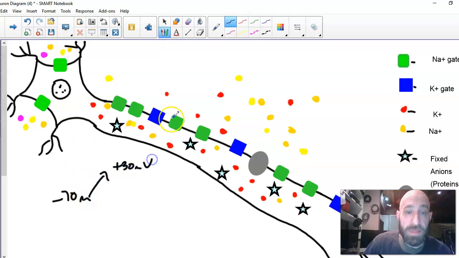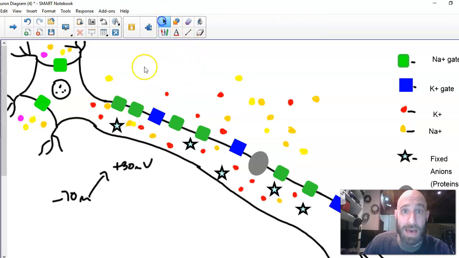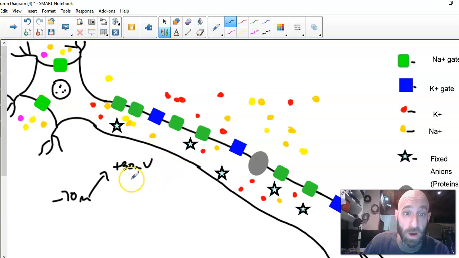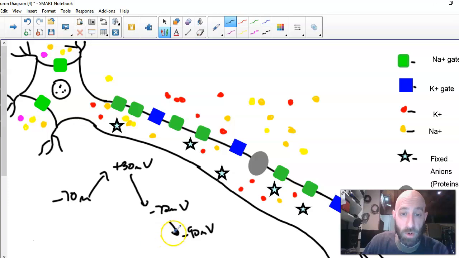Then those sodium ions stop coming in because of the inactivation gates. The next thing that happens is the potassium channels open and potassium floods out at a high rate, and because those potassium channels stay open longer, it goes down to -70 millivolts, but it actually will go all the way down to -90, and in some instances even lower. That is called hyperpolarization.